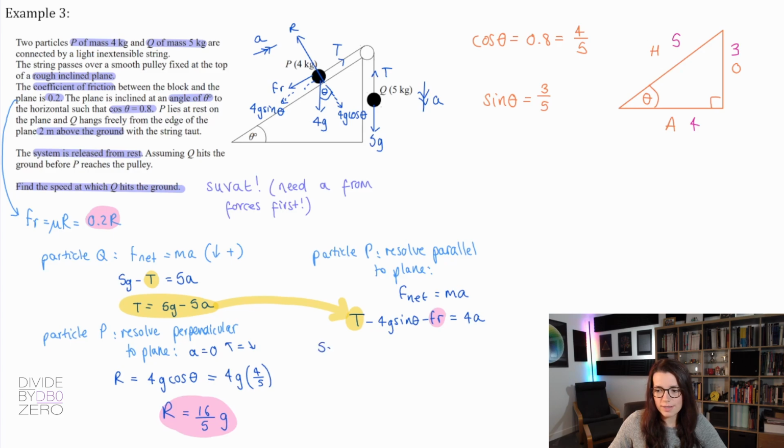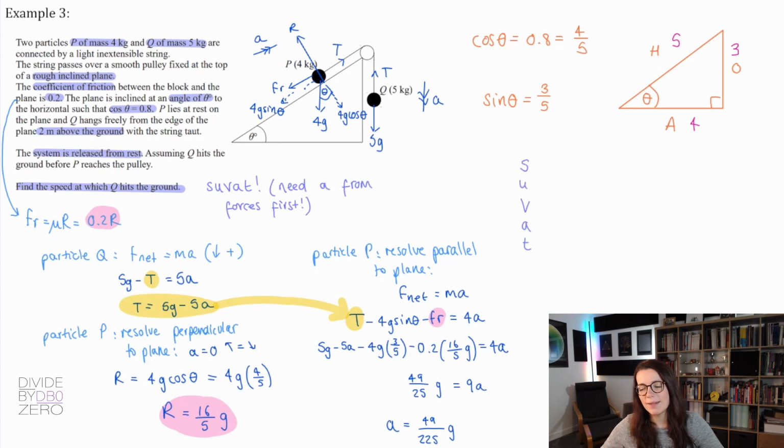So we're going to have 5g minus 5a minus 4g sine theta, where sine theta is 3/5, minus 0.2 brackets 16/5 g, equal to 4a. Now just be really careful with your algebra here and take your time, but you can rearrange this to get 9a on one side and then 49/25 g on this side. Means a is equal to 49/225 g.